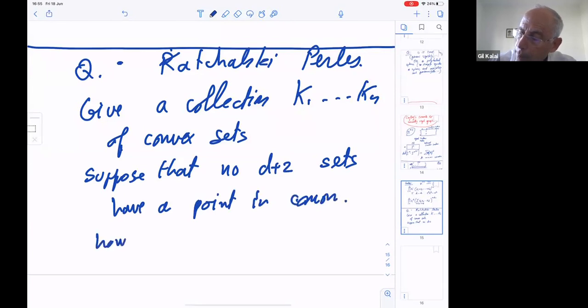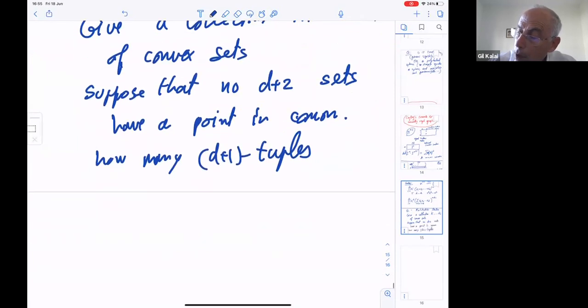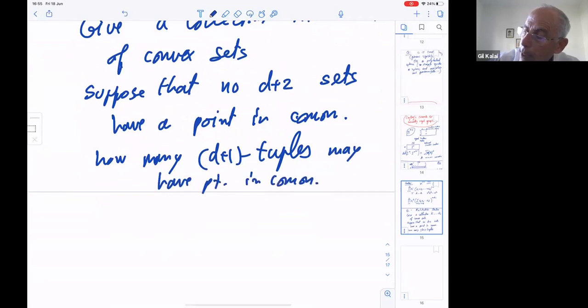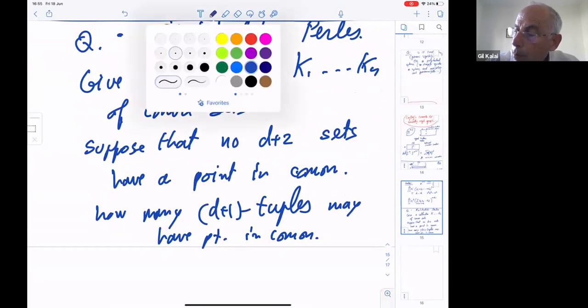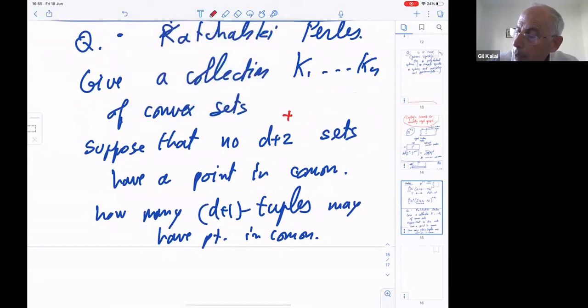How many d plus 1 tuples may have a point in common? And the same question you can ask replacing d plus 2 by d plus b.